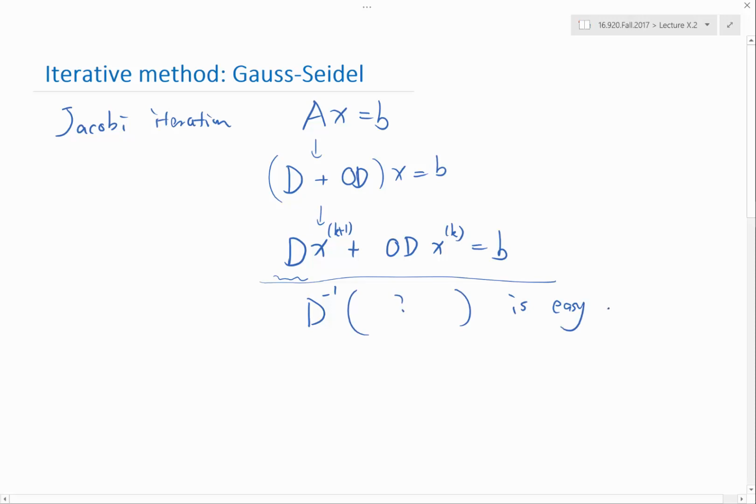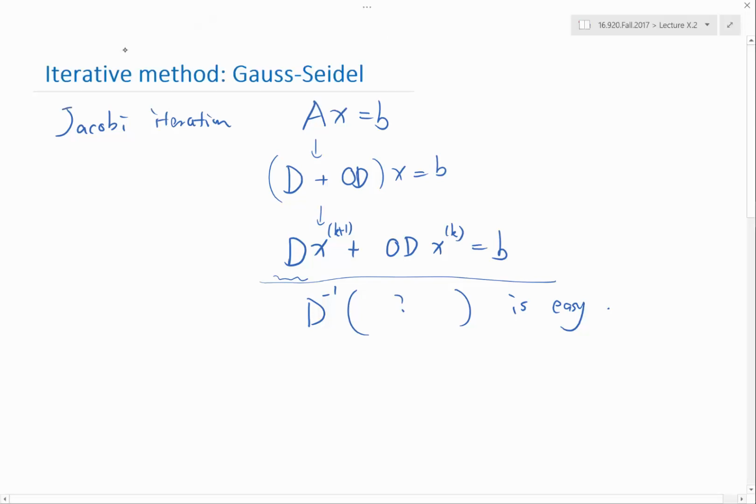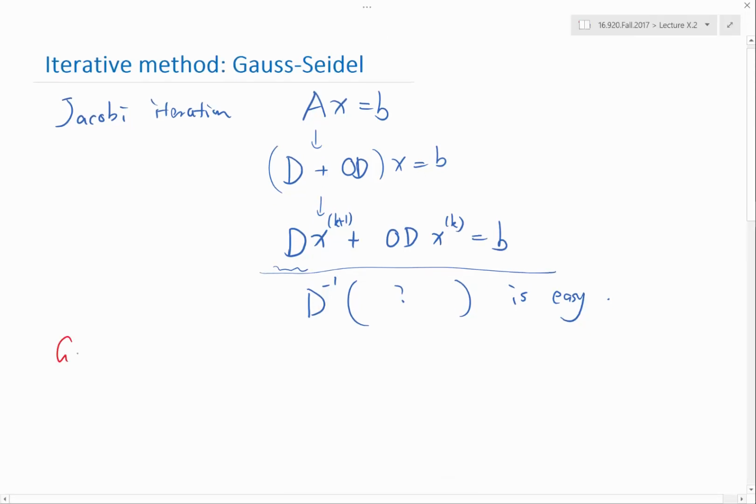All right. So that's the motivation of upgrading the Jacobi iteration to Gauss-Seidel. So Gauss-Seidel is trying to see, can I split the matrix in a different way so that I have more of the matrix, not just the diagonal, but more of the matrix that is going to be multiplied to x of k plus 1, while still making that easy to invert?